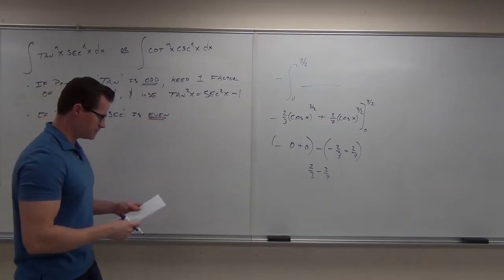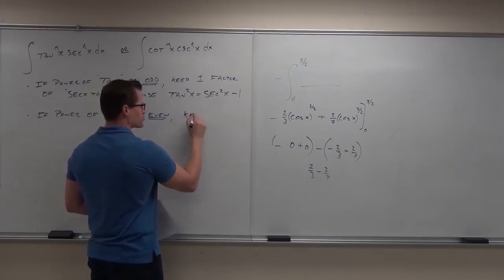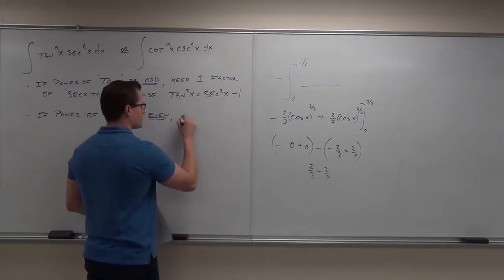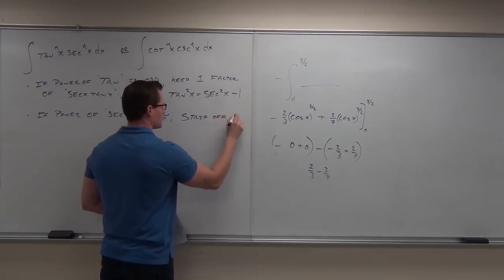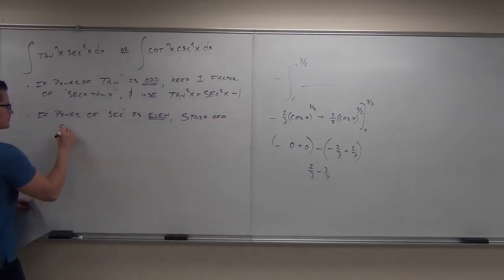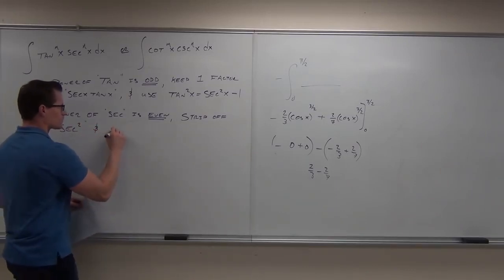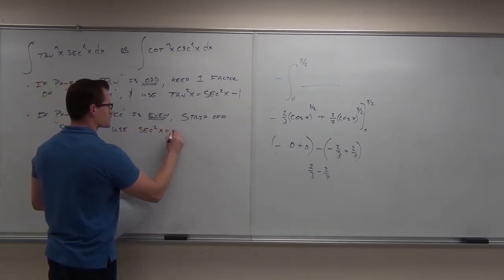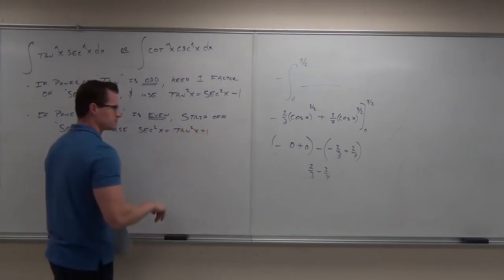If our secant power is even, what we're going to do is keep or strip off a secant squared and use secant squared x equals tangent squared x plus 1.